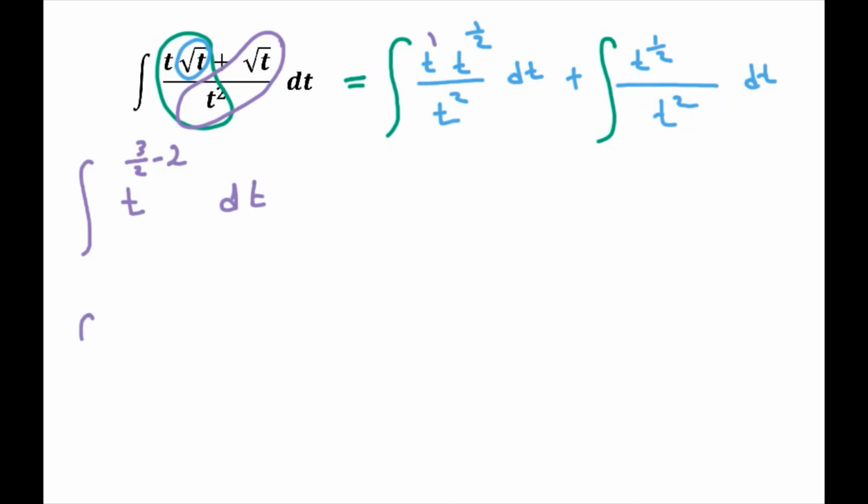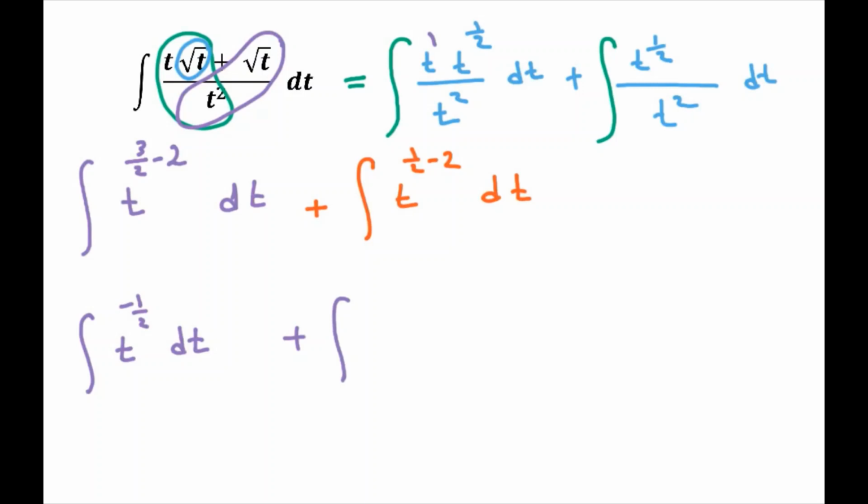And that's going to be the integration of t to the power of negative 1/2 plus the integration of t to the power of negative 3 over 2 dt.